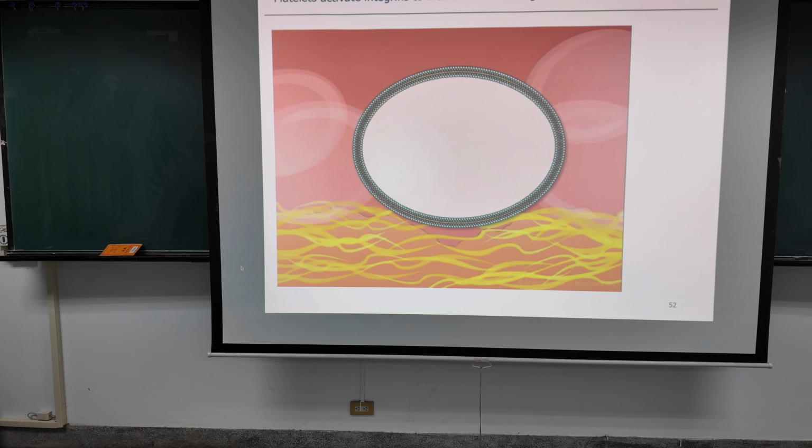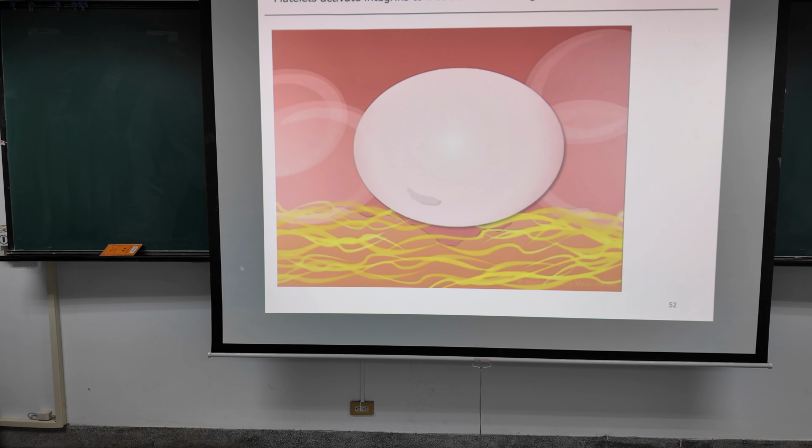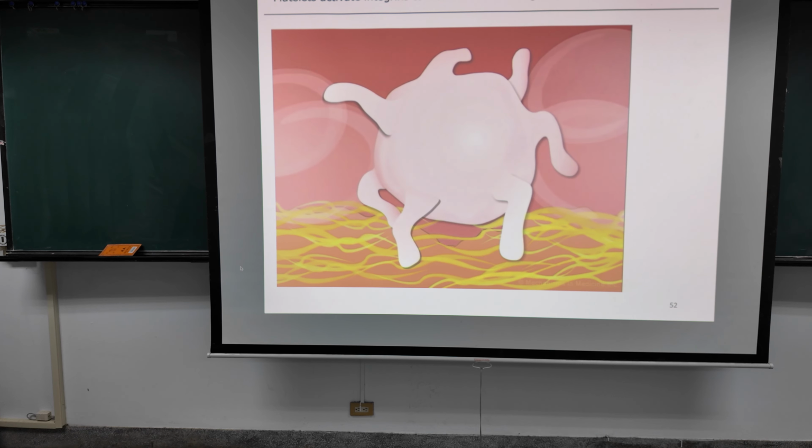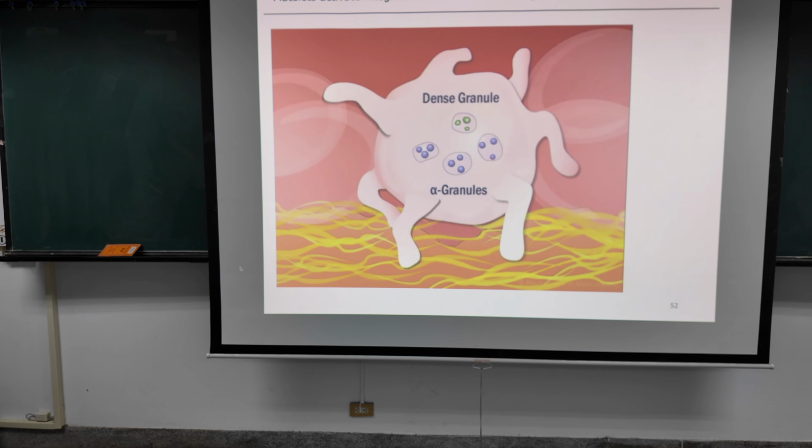Platelet adhesion at the site of vessel wall damage initiates activation events that result in aggregation. Adherent platelets undergo a dramatic shape change to an irregular sphere with multiple filopodia spreading on the subendothelium, increasing their area of surface contact. Adherent platelets also secrete or release the contents of their storage granules, the alpha and dense granules, by an exocytic process.